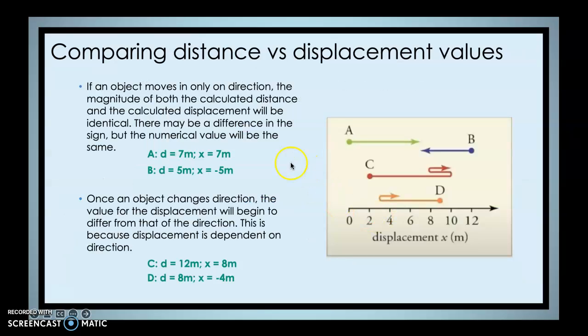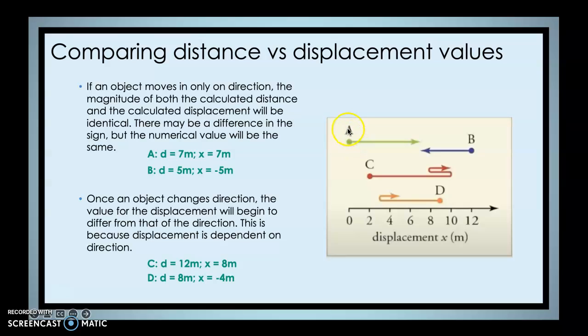All right, let's compare distance versus displacement values. So, in the situation where an object moves in one direction and one direction only, in the case of A and B here, the numerical value of both your distance and your displacement are going to be identical.